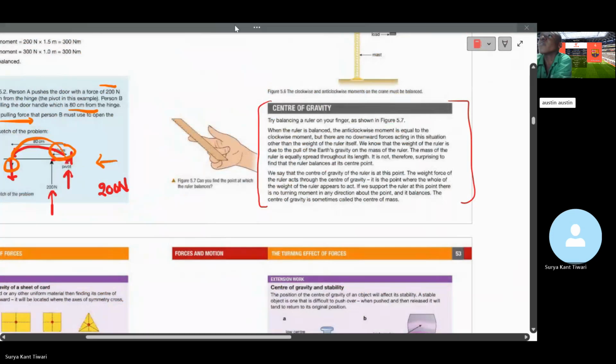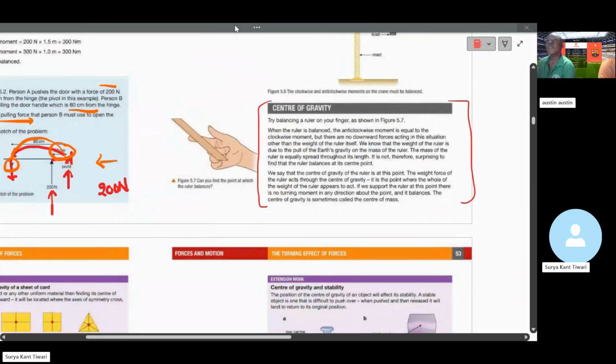We know that the weight of the ruler is due to the pull of the earth's gravity on the mass of the ruler. The mass of the ruler is equally spread throughout its length. It is therefore not surprising to find that the ruler balances at the central point. We say that the center of gravity of the ruler is at this point.